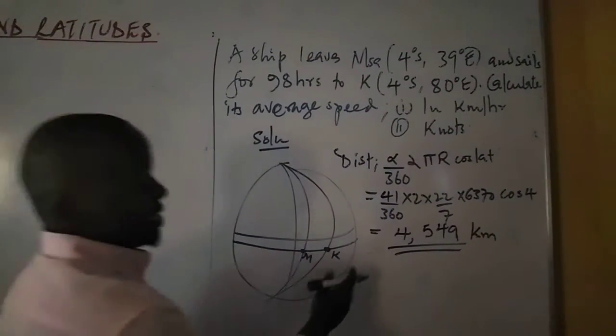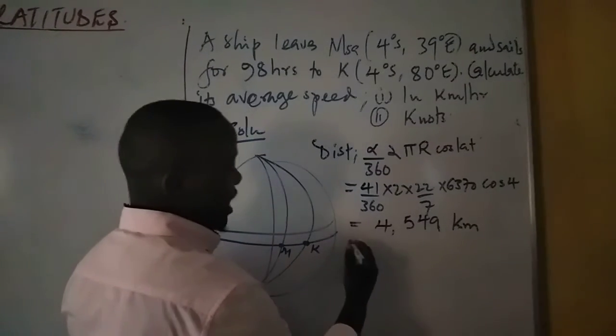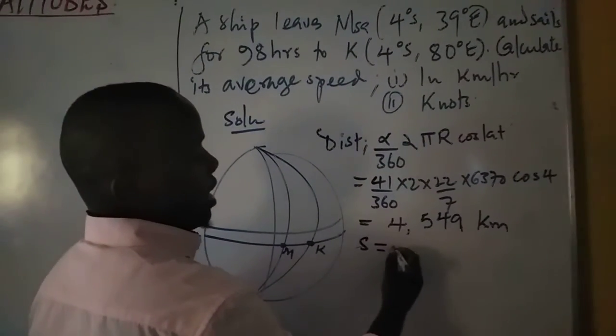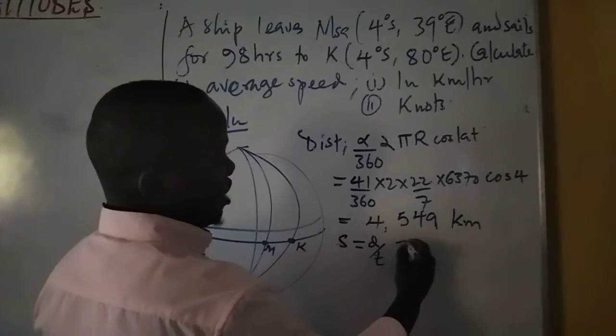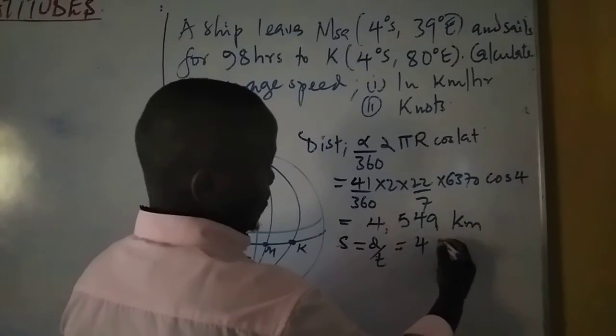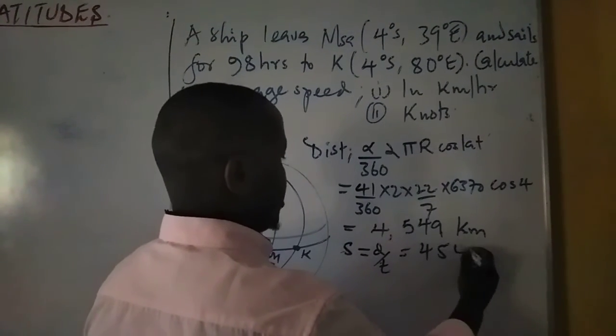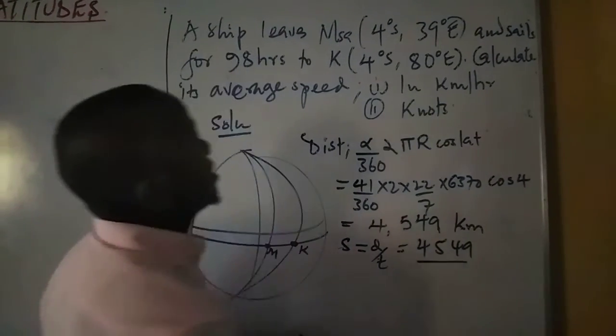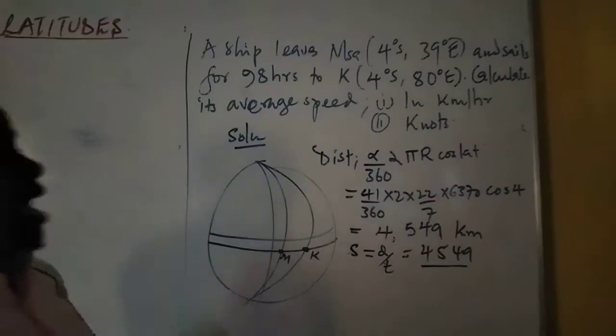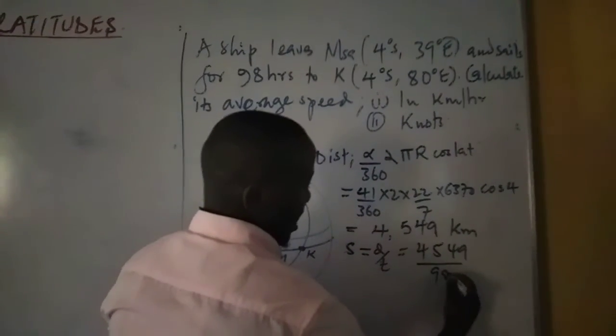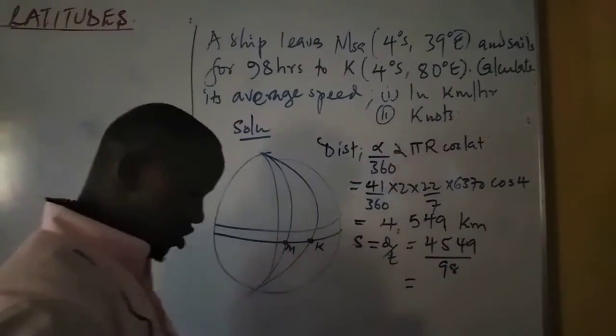Now, with the distance, we can get speed in kilometers per hour, and it is distance over the time taken. We divide 4,549 by the time, the ship took 98 hours.